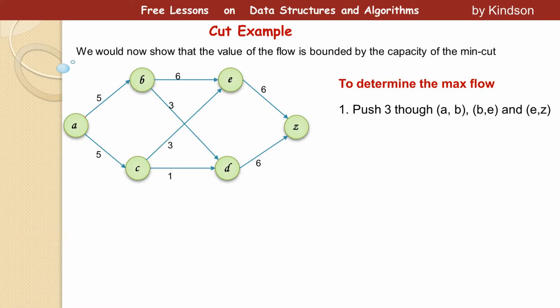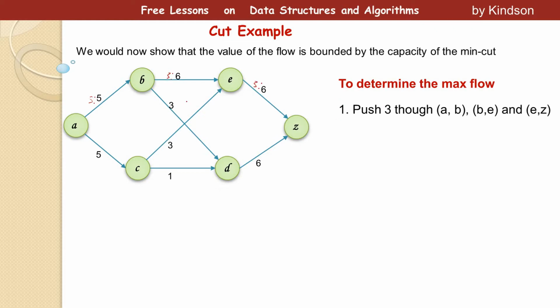Here we have 5. Here we have 6 capacity. Here we have 6. So we can put a flow of 3 here, a flow of 3 here, and a flow of 3 here.